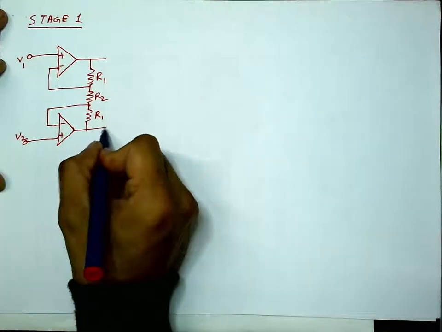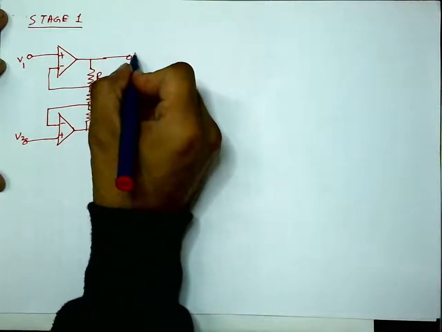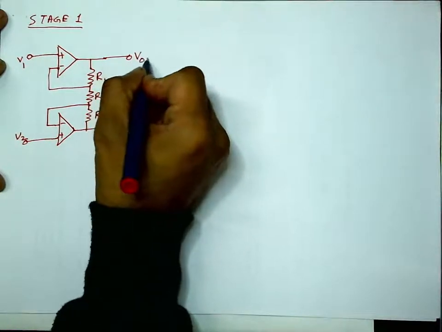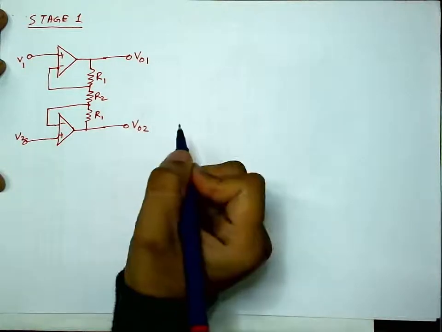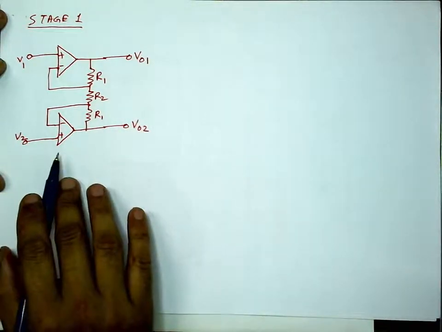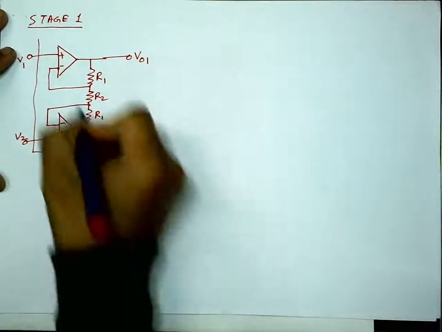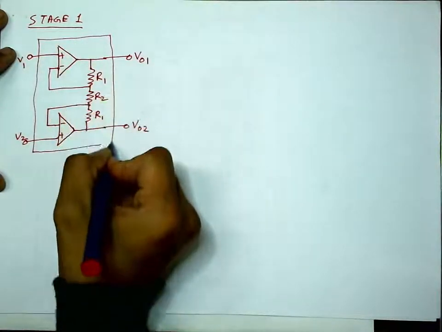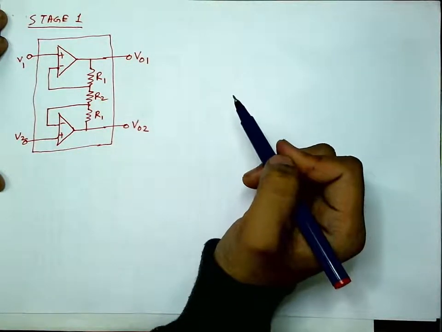And these two will be two outputs, call it VO1 and VO2. So this is how this stage 1 looks like. It has two inputs and two outputs.